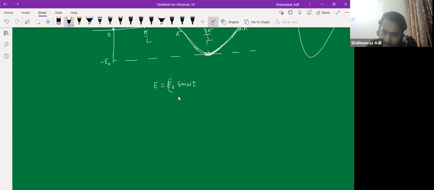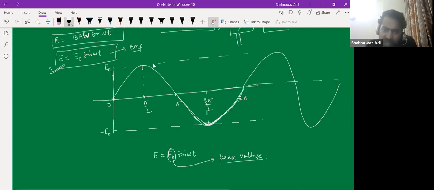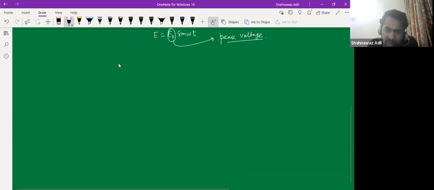So this E naught is peak voltage, right? So we can see that the maximum voltage is E naught. So this E naught is peak voltage, and then we calculate three things from here.